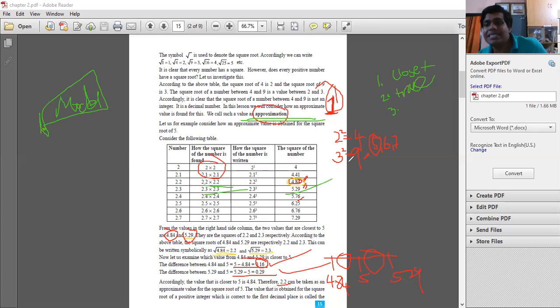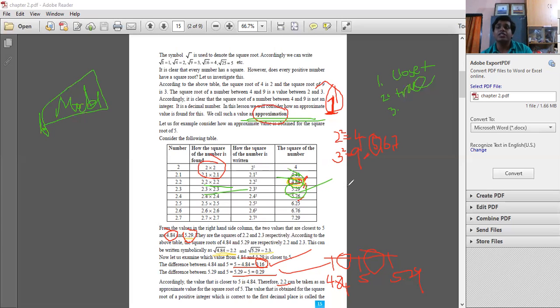Now what has happened here is we have found two squares, 4.84 and 5.29, but we haven't found 5. So now we know the closest are 4.84 and 5.29, the upper and lower values of 5.